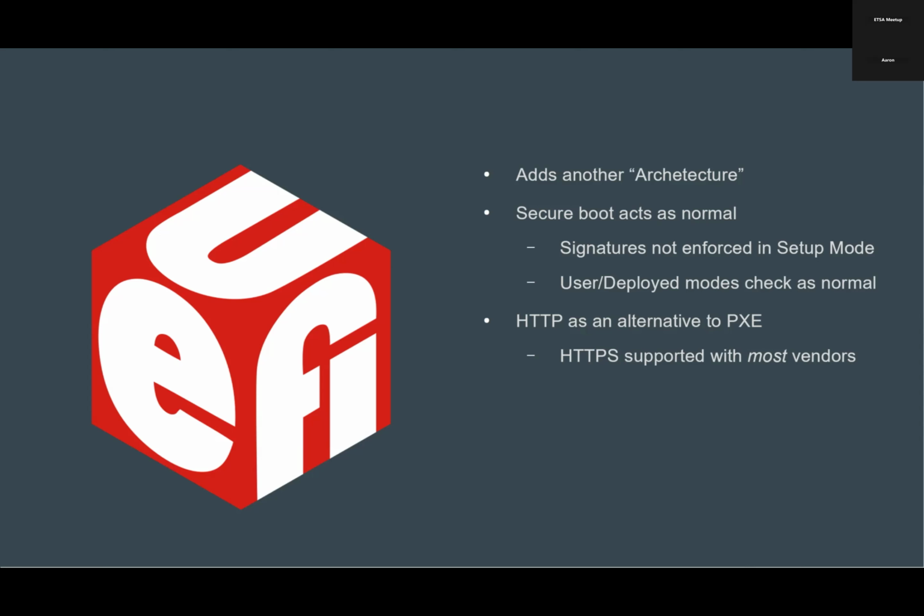HTTPS is a little bit weird. Sometimes there's no cert store. Sometimes it can't check certs. Sometimes it's got to be a publicly trusted cert. Coming back to your talk, most of them will let you at least add a root. Some of them will even let you add a client cert. And at that point, HTTP is just the way to go.